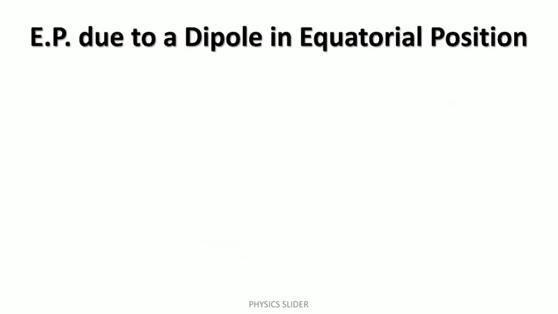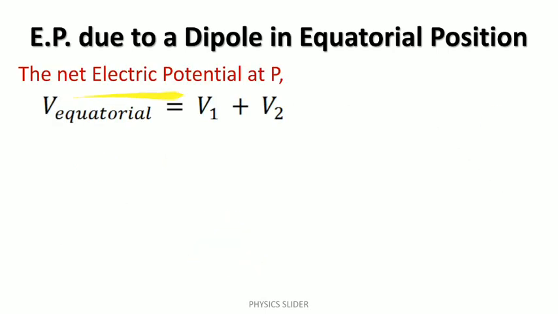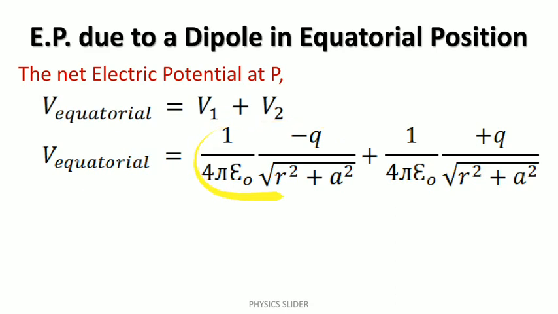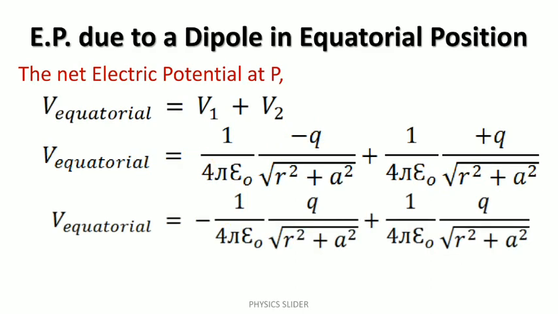Now we need to calculate the net electric potential at p, that will be given as v equatorial is equal to v1 plus v2. Put the value of v1, that is 1 upon 4 pi epsilon naught minus q upon under root r square plus a square, and the value of v2, which is 1 upon 4 pi epsilon naught plus q upon under root r square plus a square. This minus sign we take over here, so this becomes minus 1 upon 4 pi epsilon naught q upon under root r square plus a square, and this is 1 upon 4 pi epsilon naught q upon under root r square plus a square.